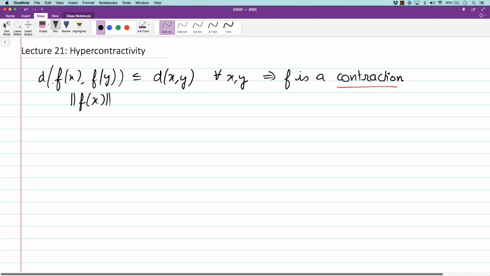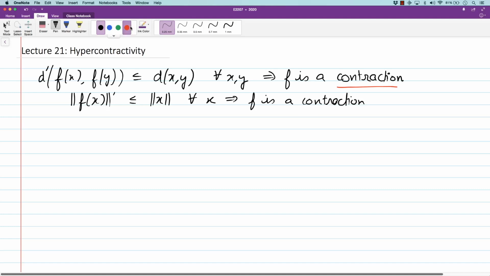By the way, this distance can be some other distance. If you want, we can have d prime instead of d, because f will take you to a different metric space. Similarly, this is a different norm. Suppose the norm of f of x is less than or equal to the norm of x for all x, then this implies f is a contraction. So that's what a contraction is.